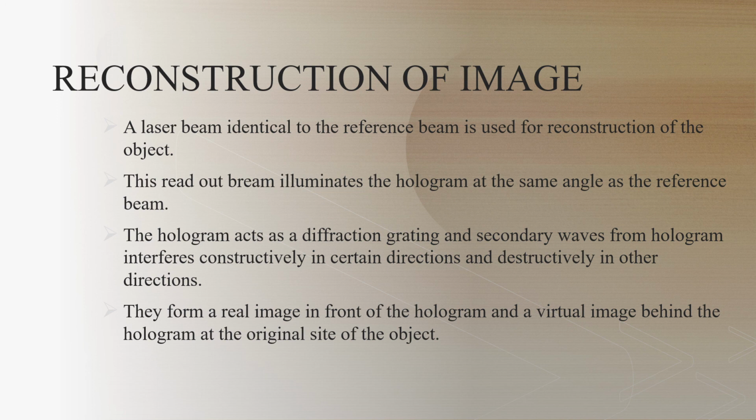The hologram acts as a diffraction grating, and secondary waves from the hologram interfere constructively in certain directions and destructively in other directions. They form a real image in front of the hologram and a virtual image behind the hologram at the original side of the object.